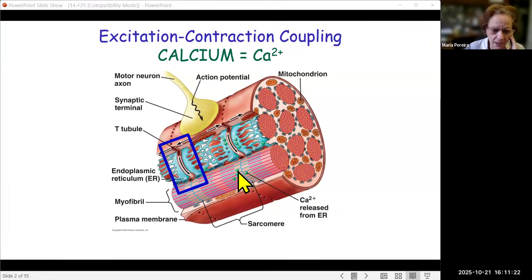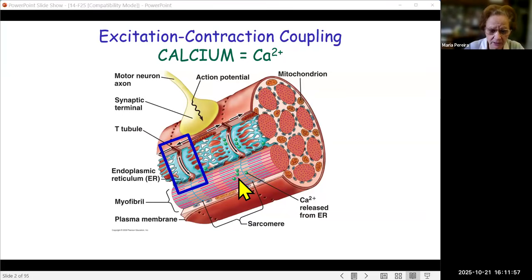So on the thin filaments, you have troponin and tropomyosin, and troponin is the complex that binds calcium, and that initiates the process of muscle contraction. So now you see how the change in potential along the sarcolemma is transmitted to the T tubule. And it's this change in potential that sends a message to the sarcoplasmic reticulum to release calcium.